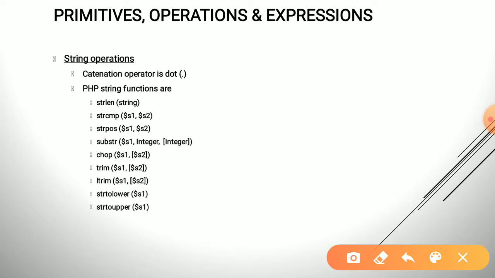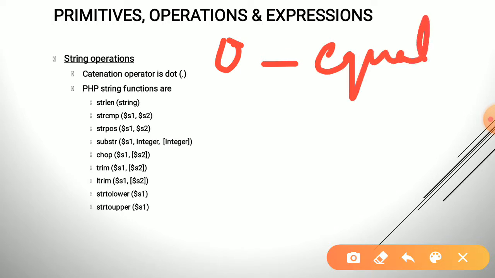It takes two strings as arguments, $s1 and $s2, and compares them. If the strings are equal, it returns the value 0.